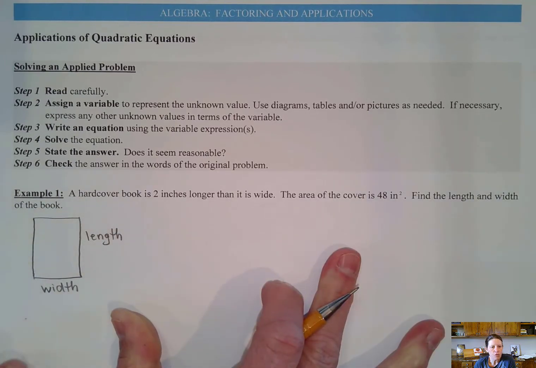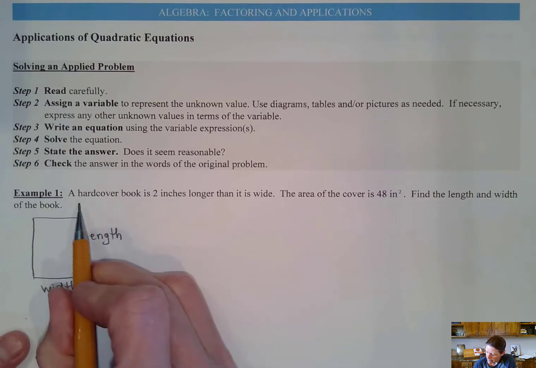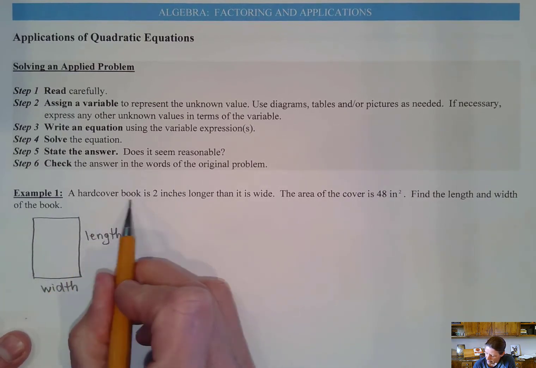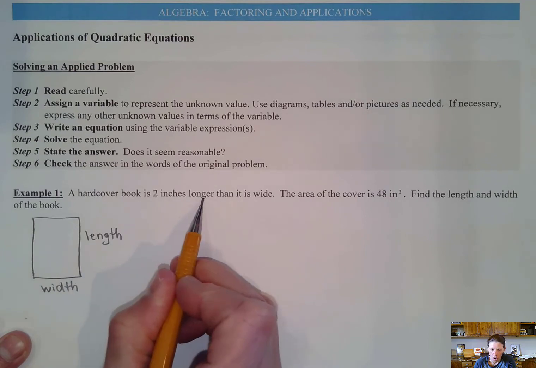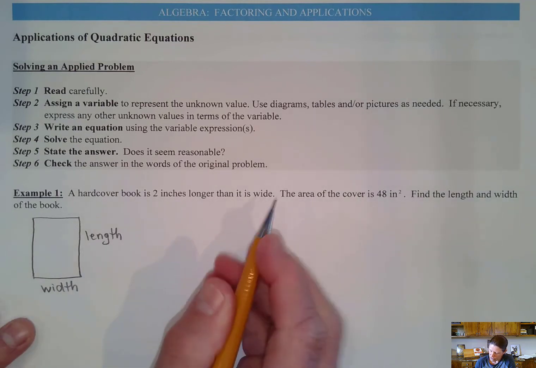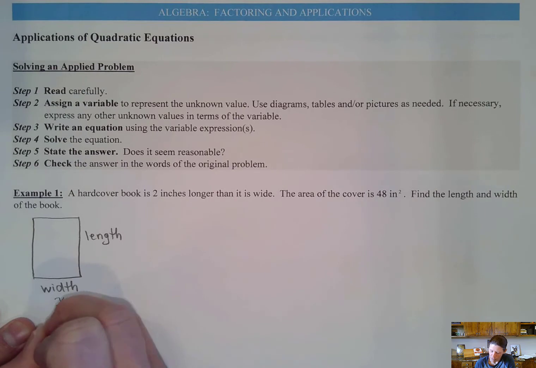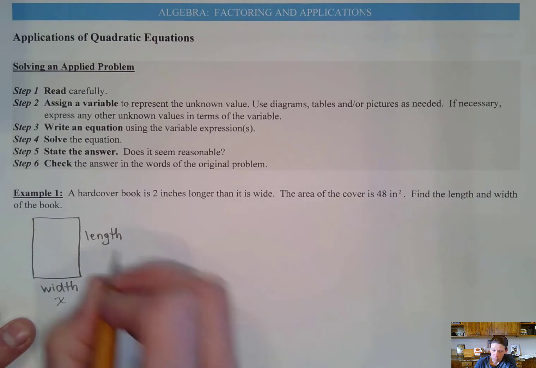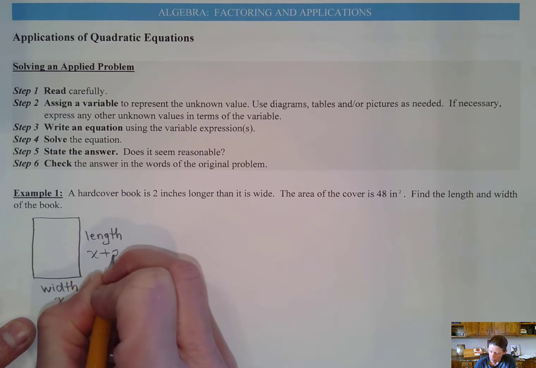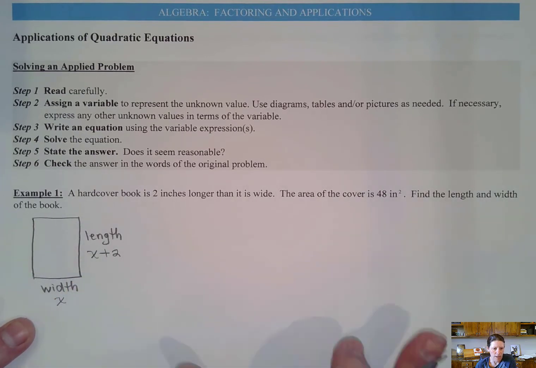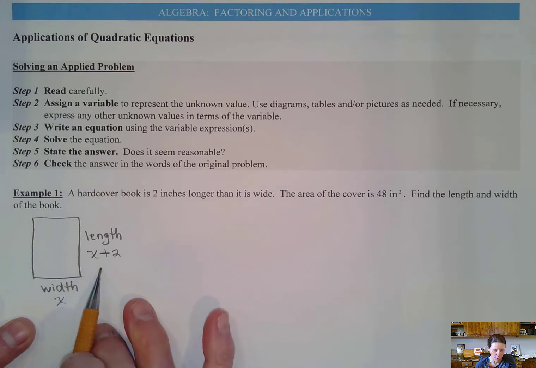Now, reading back through the problem, we know that a hardcover book is 2 inches longer than it is wide. So if we let x represent the width, then we can represent the length as x plus 2. And that's probably the most efficient way to define your variable and then represent the other unknown using that same variable.